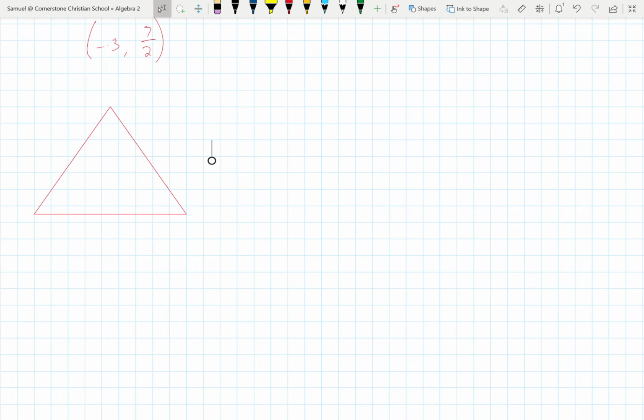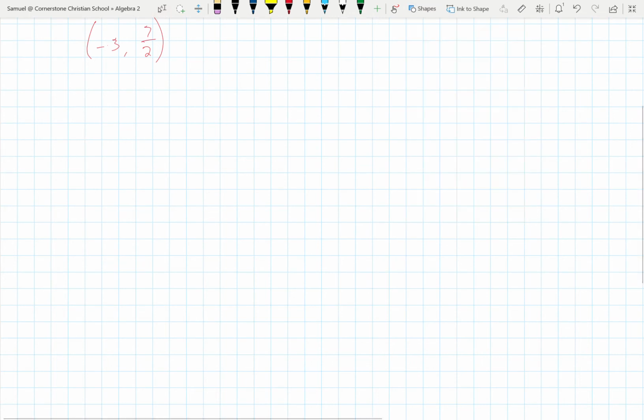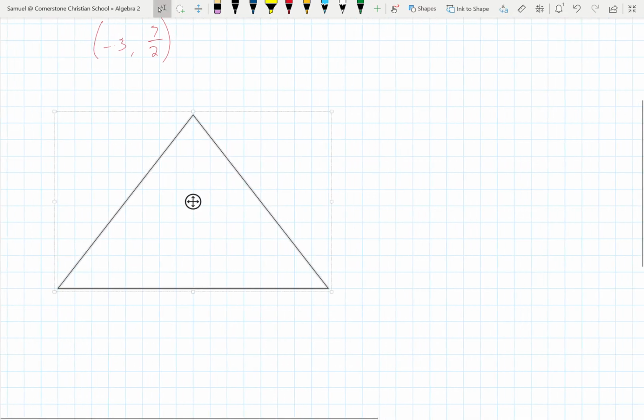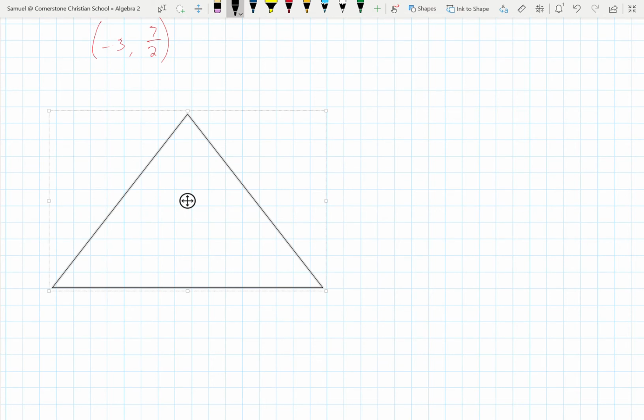And we're given the points A, B, C, and A is (4, 6), B is (7, 3), and C is (2, 1).